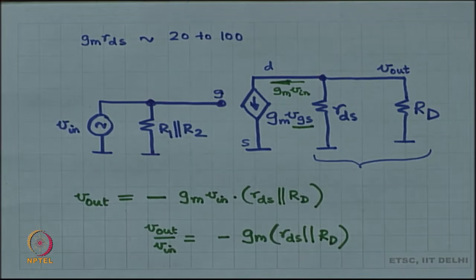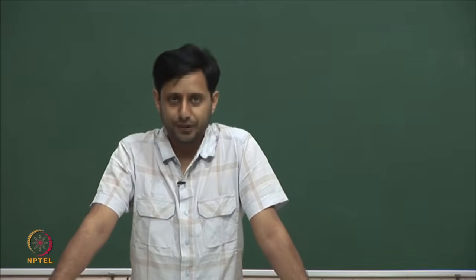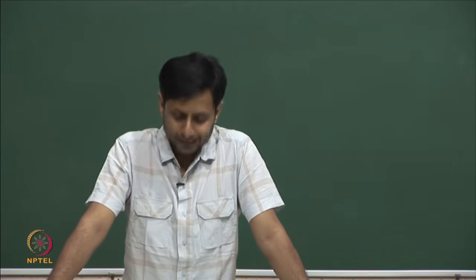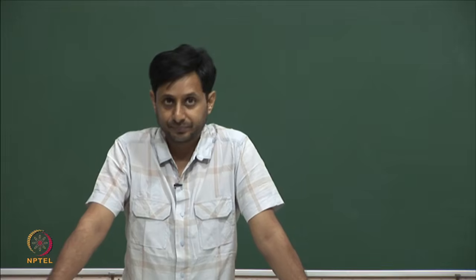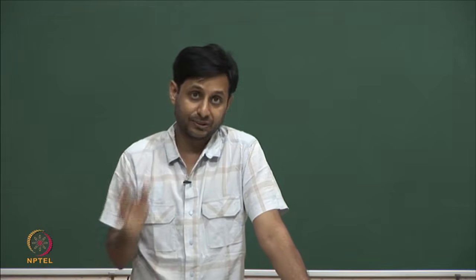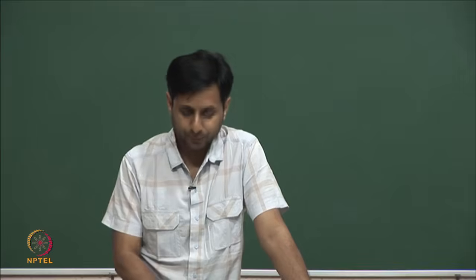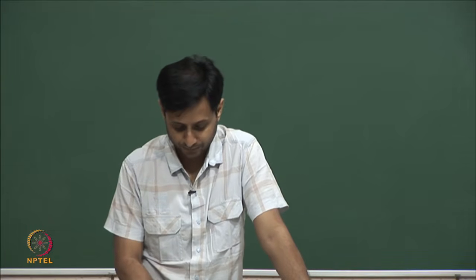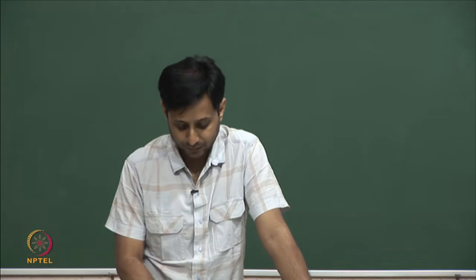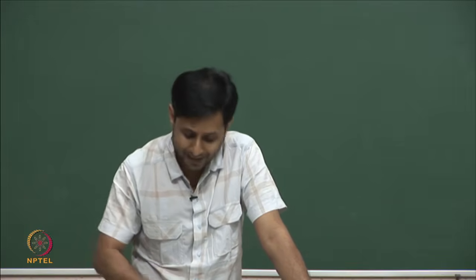Now, depending on the value of RD with respect to RDS, you are going to get your gain from this equation, GM times RDS in parallel with RD.